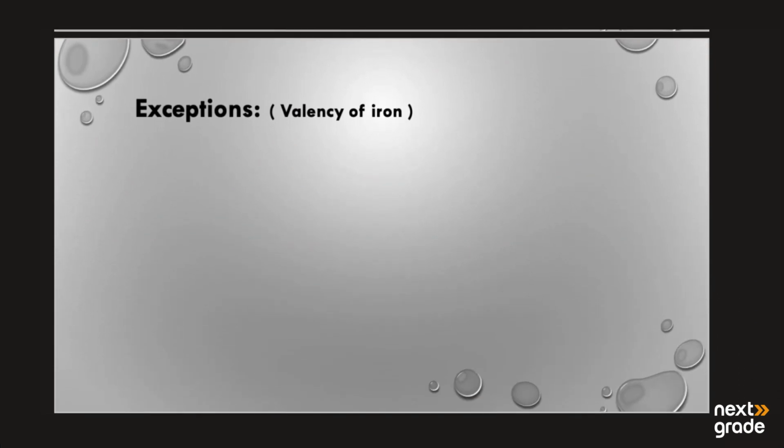Next we have the exception. If we look at the valency of iron, iron is Fe. It may have valency 2 and it may have valency 3. It depends upon which substance or which atom of an element it is going to form the bond with.